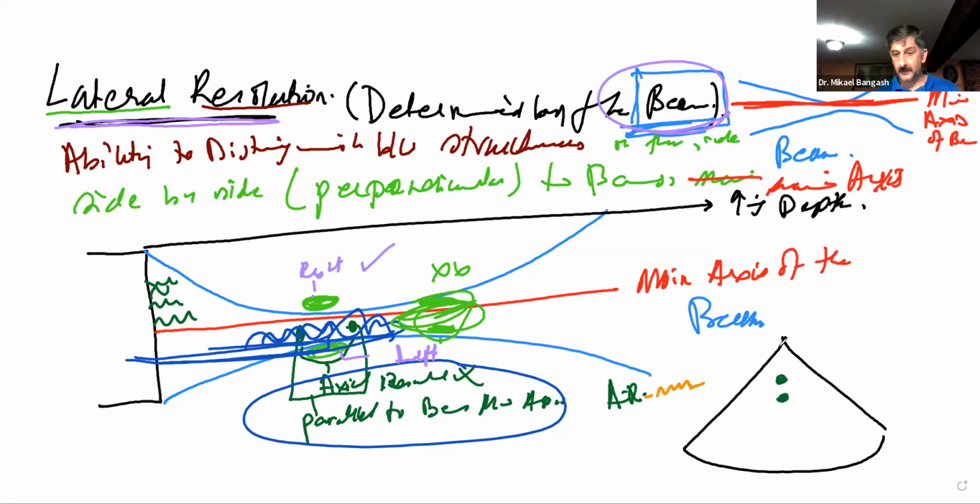This is how your pulses will go, and then reflect back, then another pulse reflects back. Now this here is maybe your beam, for instance.